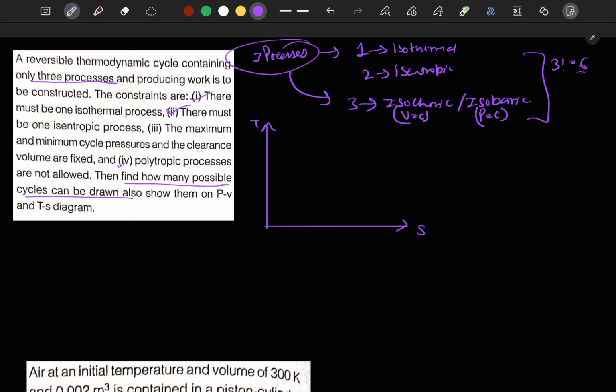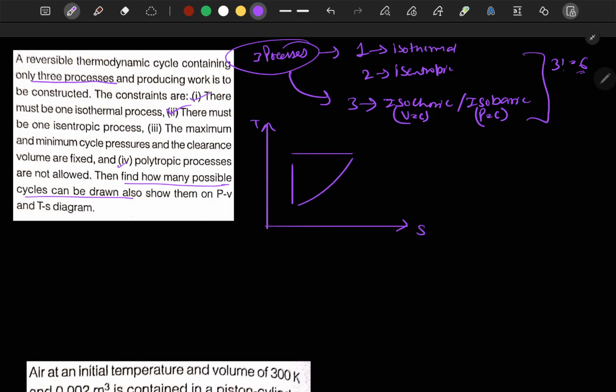Let's consider that we have been provided with an isothermal process. Let's say this is an isothermal process. Now this is an isentropic process. Now let's say this is a constant volume process.